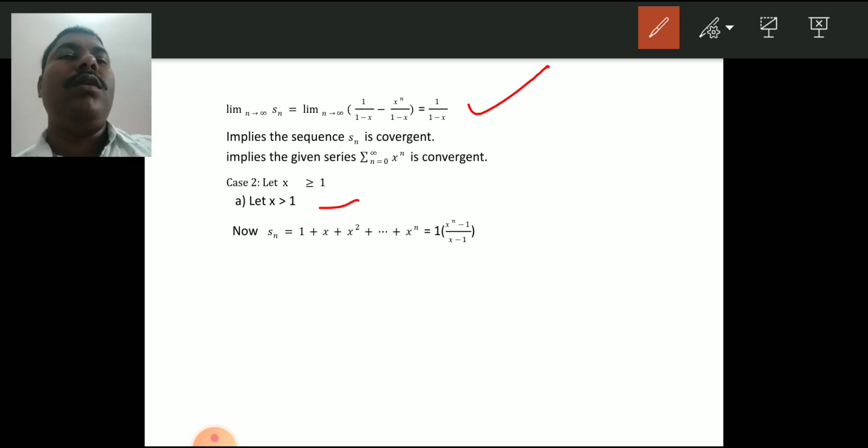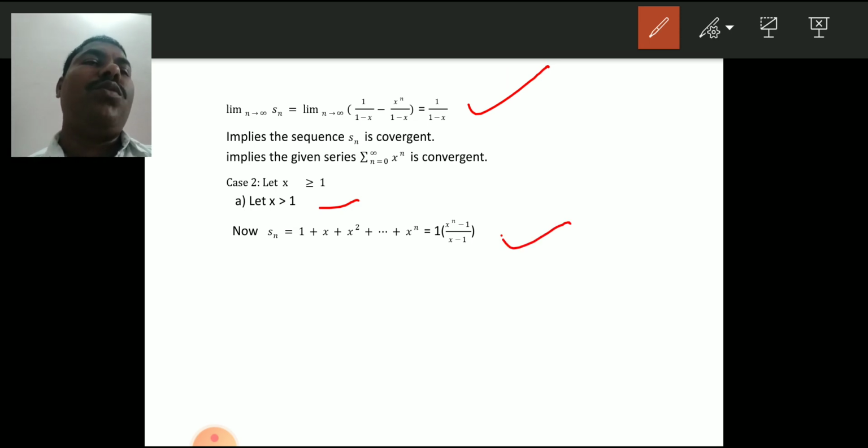So we use the formula a into r raised to n minus 1 divided by r minus 1, where the common ratio is r. That is equal to 1 into x raised to n minus 1 divided by x minus 1.